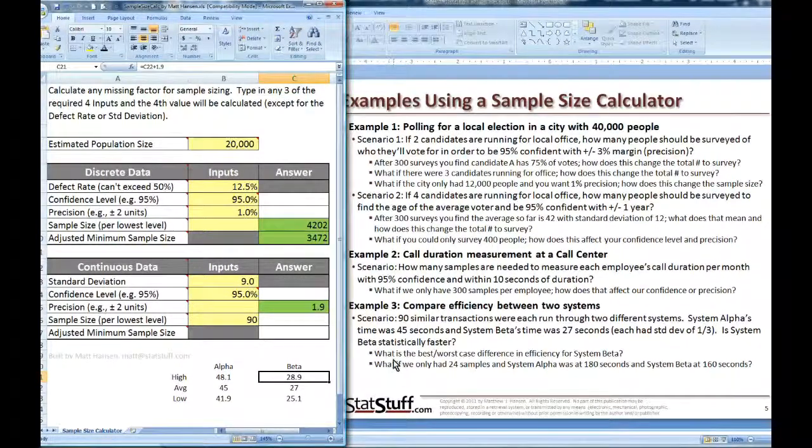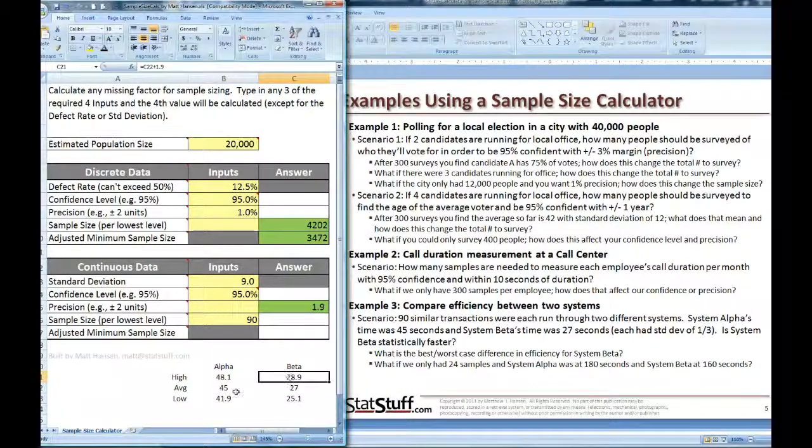So what we're factoring here is the best and worst case difference in efficiency. For system beta, their best case is 25.1, but their slowest is probably about 28.9. Well, the best that system alpha can hope for is 41.9.